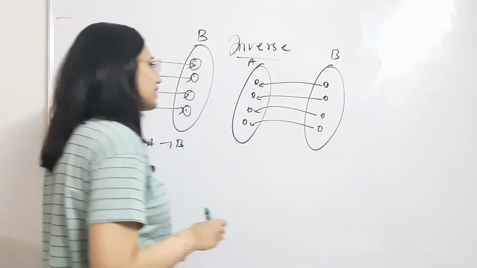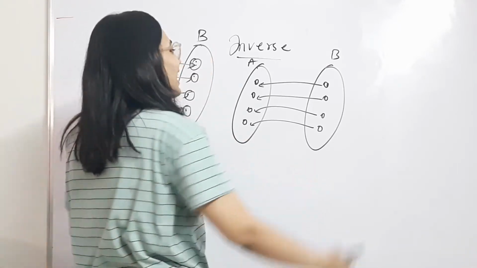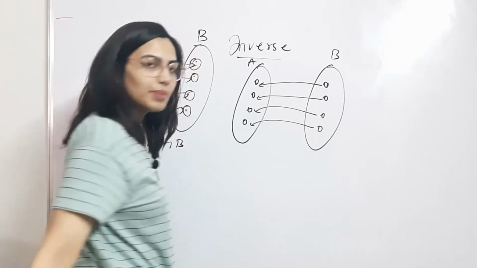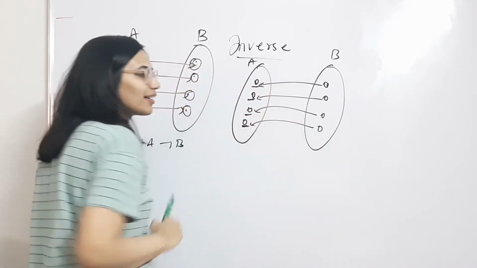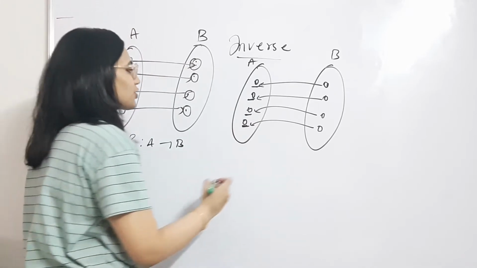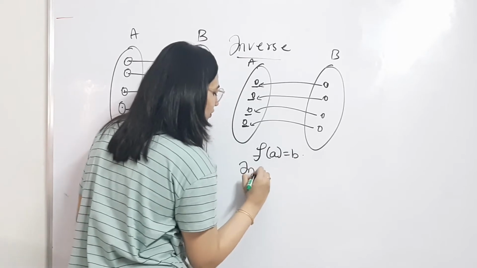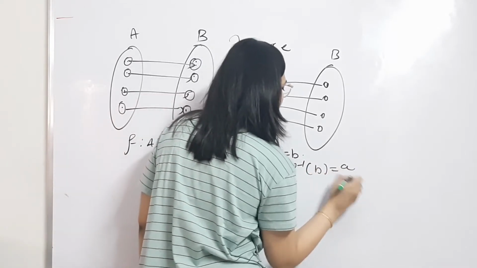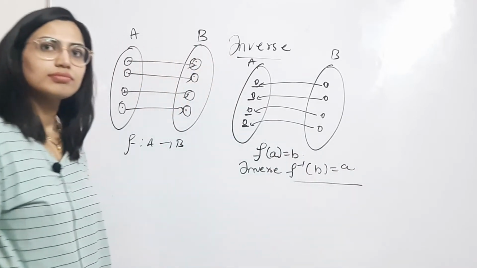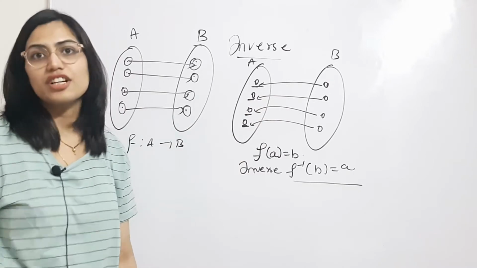That means here the inverse of a function assigns every element of B to a unique element in A. That is the inverse. If you say f of a is equal to b, then the inverse of this function will be f inverse of b is equal to a. So this is the definition of an inverse function.